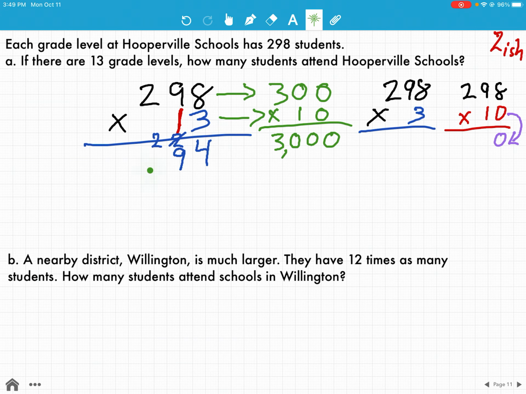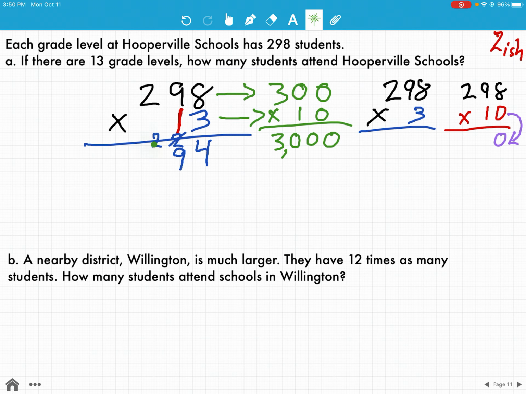That gives us 294. All right, so now we have a 3 times a 2, but it's actually 3 times 200. So 3 times 200 is going to give us a number of 600. So we have 600, but we also add 200 that we got from here. Because remember, it was 270, but then we added the 24, so it became 294.